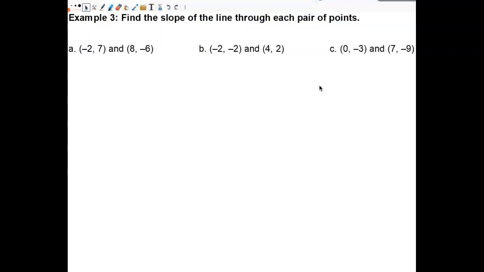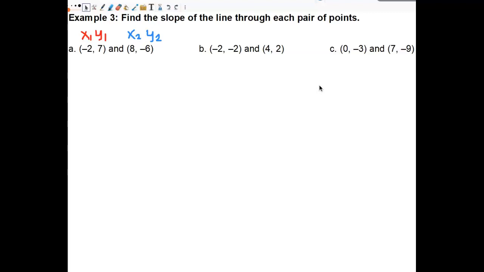Okay, and then if it's not a word problem, we simply just have to find the slope of the line given 2 points. So this is kind of like my x1, y1. This is my x2, y2.